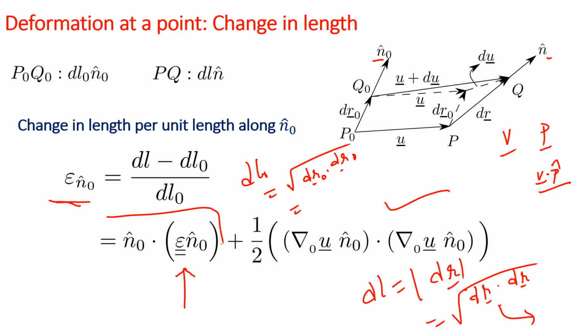That's change in length per unit length along a particular direction. And when you do that, you even get higher order terms depending upon the precision we need. In that process, you will figure out that this term comprises the strain tensor which we have, and this quantity represents the strain along that particular direction N0.